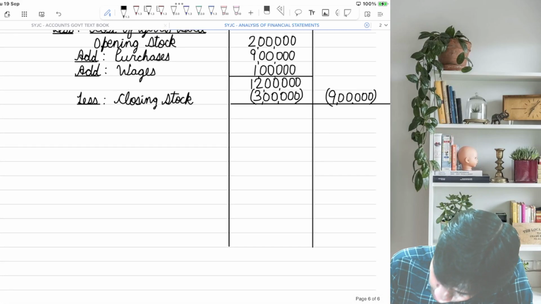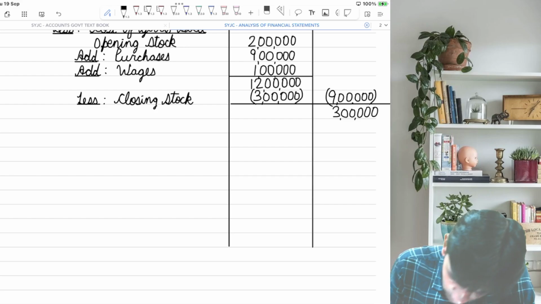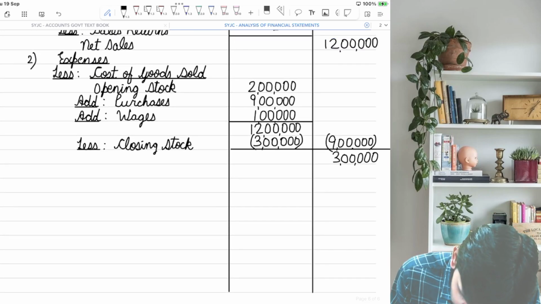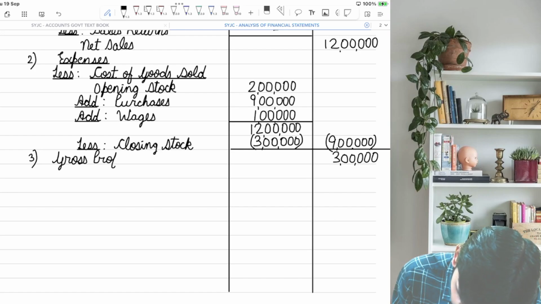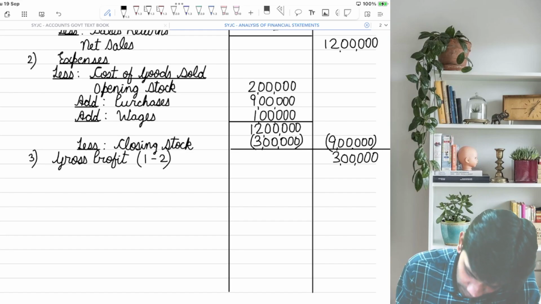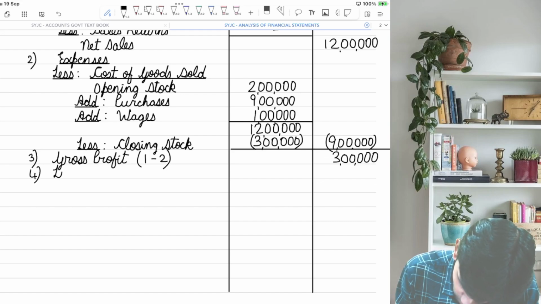12 minus 9, 3 lakhs, gross profit. This will be number 3, which is nothing but 1 minus 2. Number 4, less operating expenses.